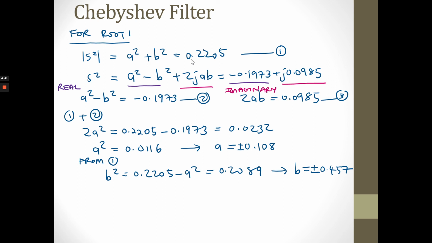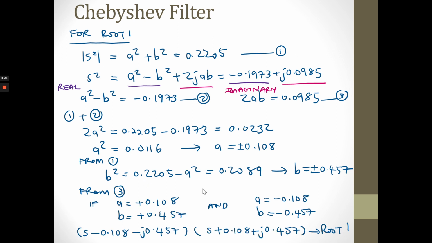From equation number 1, since we know that a squared is this value, we can use this first equation to determine b squared, and we can determine b, which is equal to plus or minus 0.457. Then to determine the pole of the system based on root number 1, we use equation number 3.